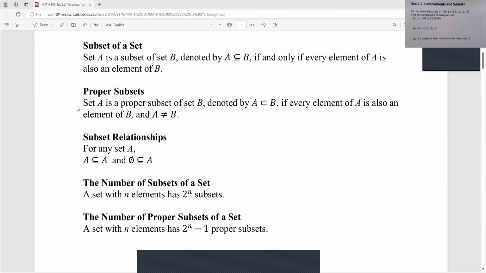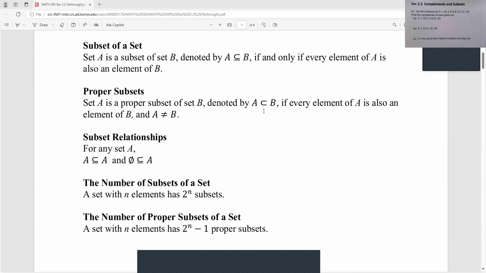The next definition is proper subset. Set A is a proper subset of set B. And notice the slightly different notation. See these two notations compared to each other? This one has the little line under it. This one down here does not. When we don't have the little line under it, we call it a proper subset.